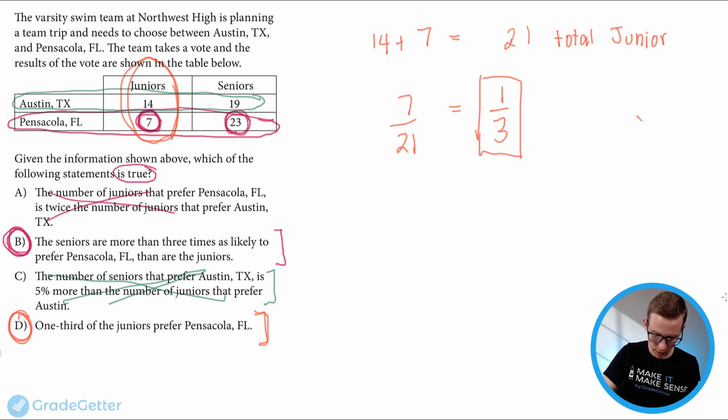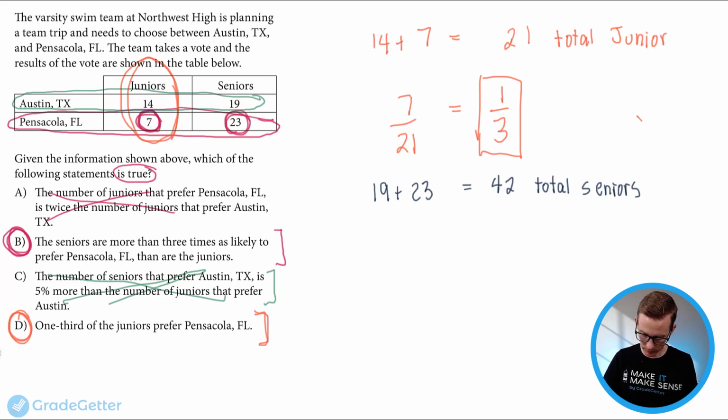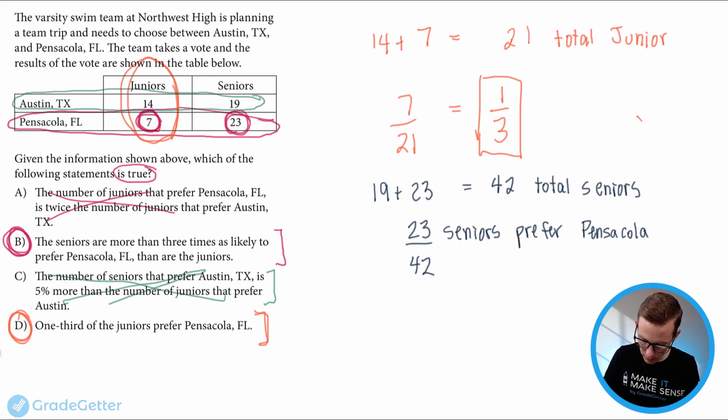So let's see how many total seniors there are. 19 plus 23 is 42. So there's 42 total seniors. And of those 42 seniors, 23 of the 42 prefer Pensacola. Now compare this to the juniors, right? We figured that one out of 3 juniors prefer Pensacola.